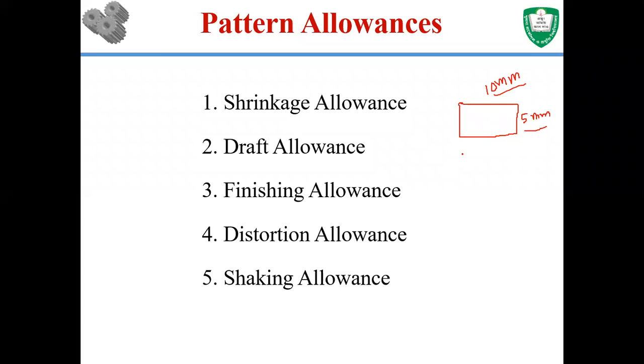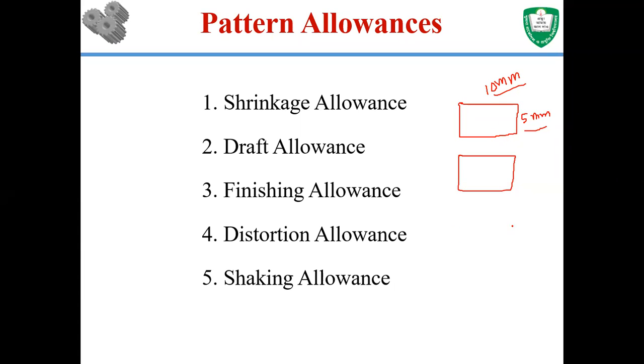And for that, to make the pattern, if you make the pattern with the same dimension as the final product, then what would be the problem? Can anybody guess? Nobody?